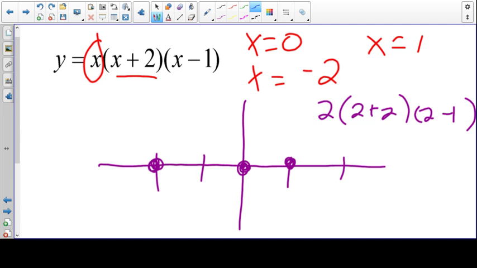So that means, again, this is a positive value on this side of my graph, so we're going to come in positive. And likewise, if you picked, say, -3, you have -3 times -3 plus 2 times -3 minus 1, which would give you -12, which goes with what your graph is telling you, that you're going to be on the negative side.